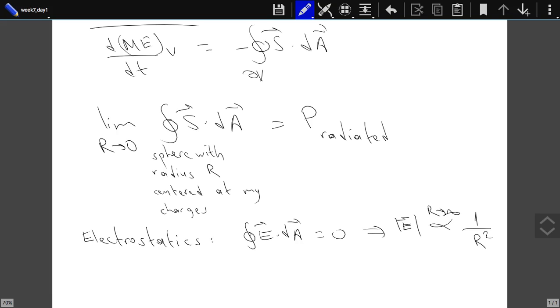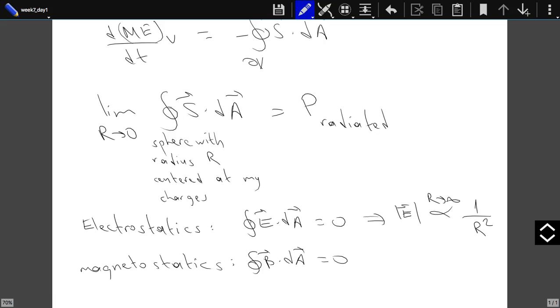Similarly, in magnetostatics, B dot dA is equal to 0. Well, this is always true. And B dot dL will be proportional to I enclosed.